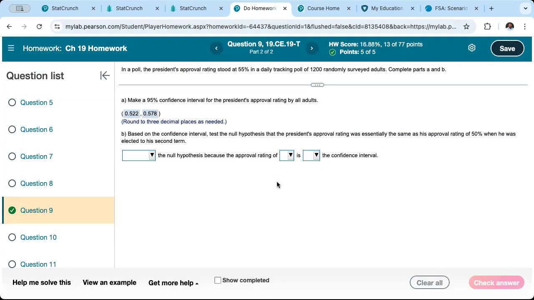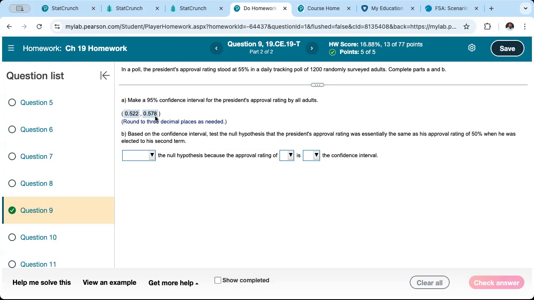And then the question is saying here that based on this confidence interval, test the null hypothesis that the president's approval rating was essentially the same as his approval rating of 50% when he was elected to his second term. So you just have to ask yourself, is 0.5 within this interval?